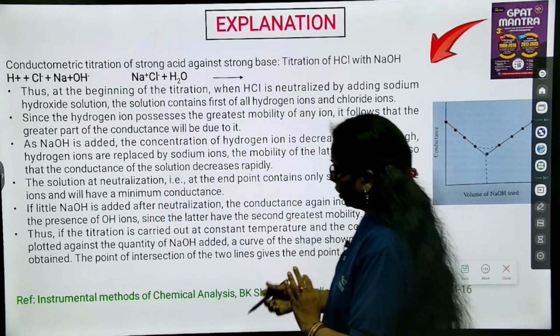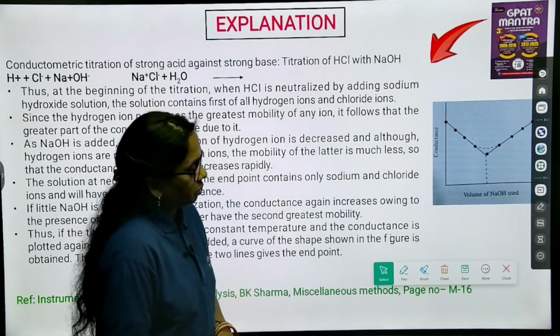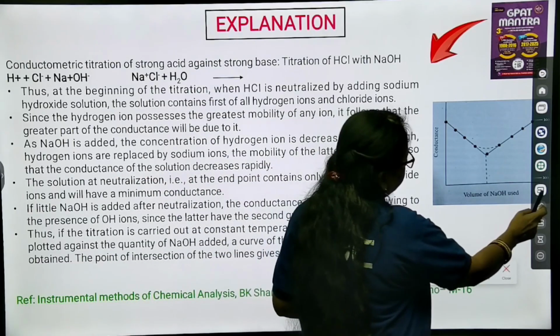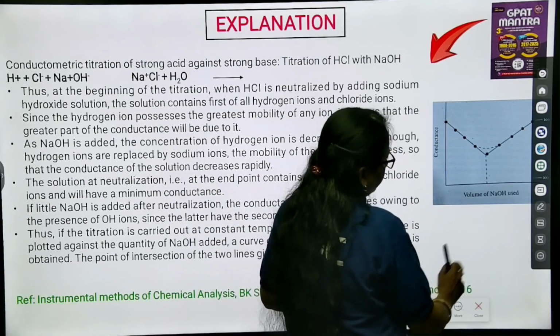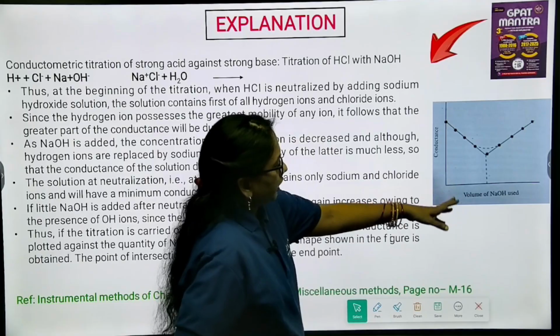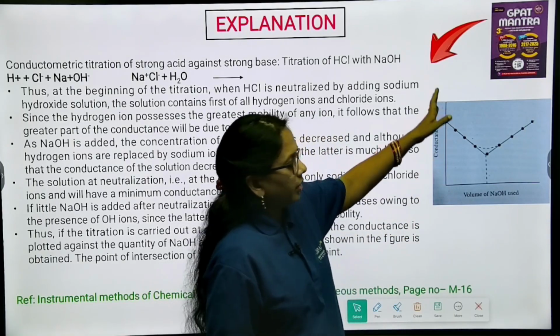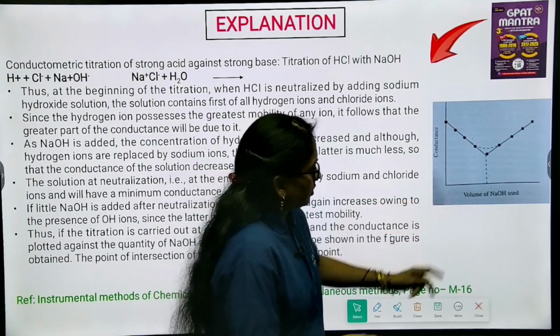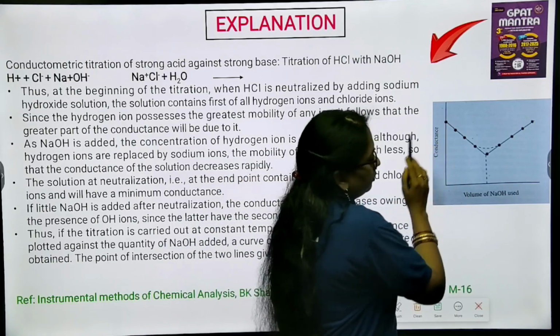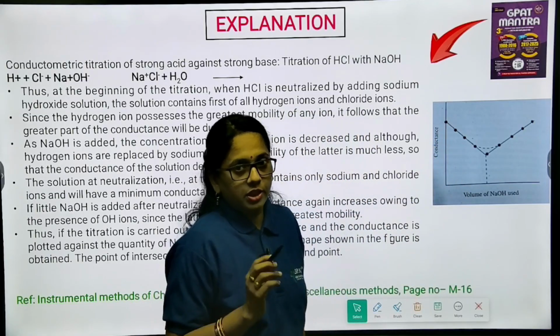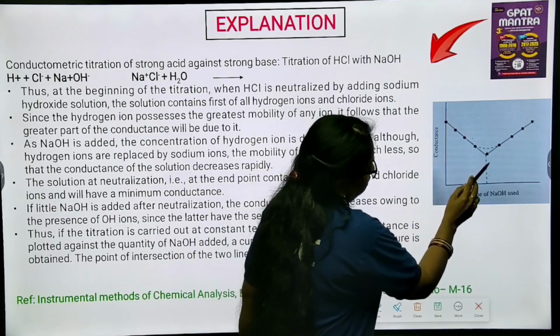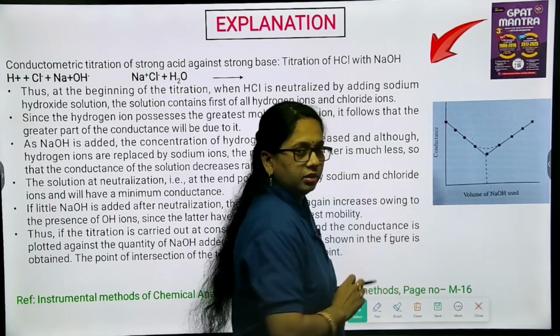If you observe the graph related to this curve, we plot the volume of NaOH, a strong base, against the conductance, which is taken on the y-axis. Initially, due to the presence of acetate ions, we are going to see a decrease in the conductivity.